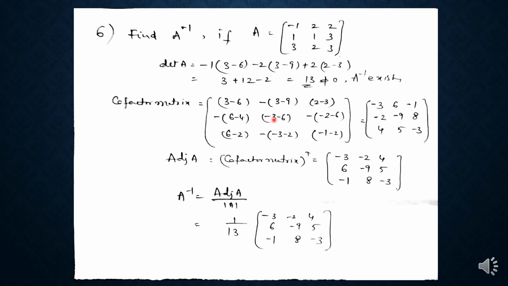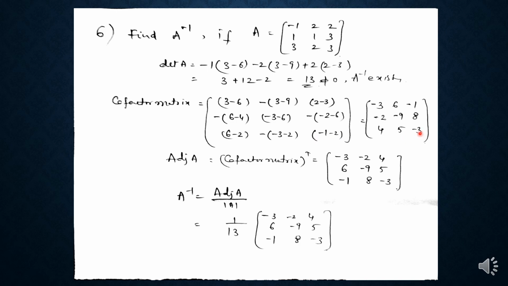So thus we can write it as minus 3, 3 minus 9 is minus 6, minus into minus 6 is plus 6, 2 minus 3 is minus 1, 6 minus 4 is 2, minus 3 minus 6 is minus 9, minus of minus 2 minus 6 is minus of minus 8, that is plus 8, and 6 minus 2 is 4, minus of minus 3 minus 2, that is minus 5 into minus, that is plus 5, minus 1 minus 2, that is minus 3.